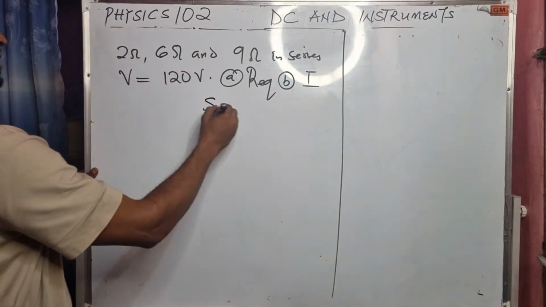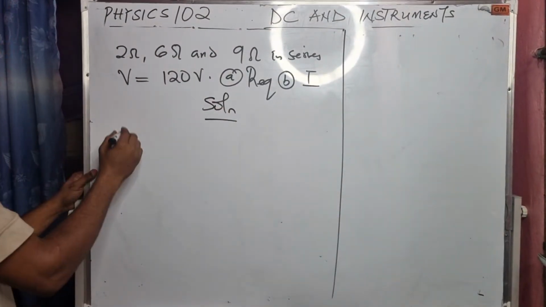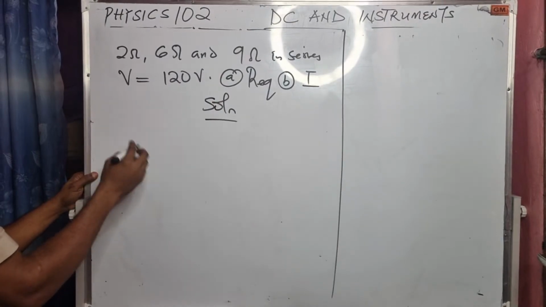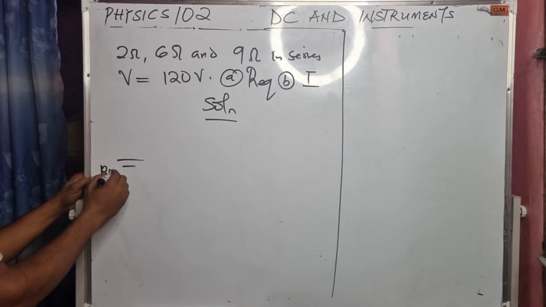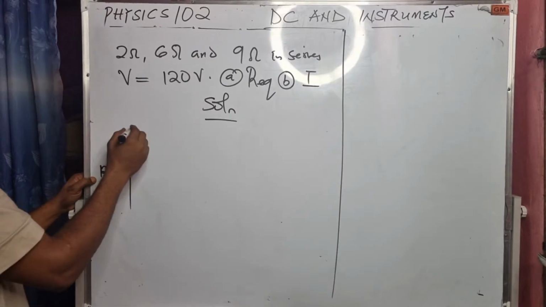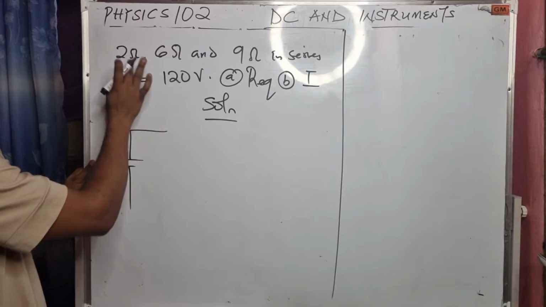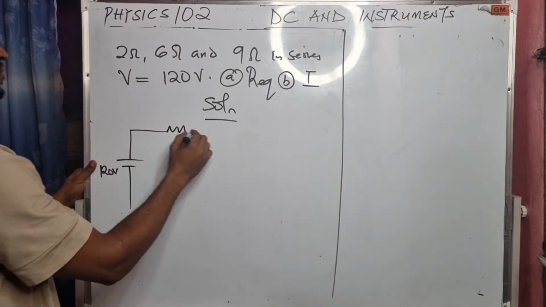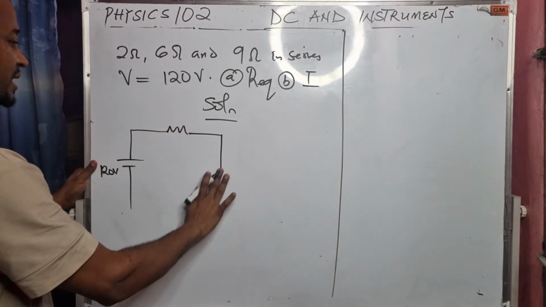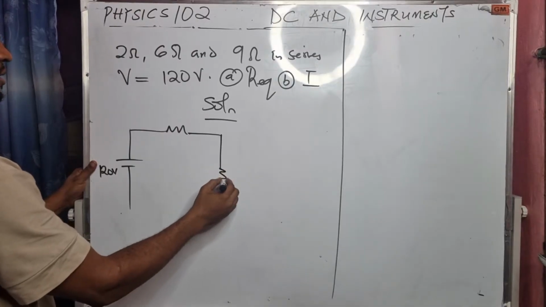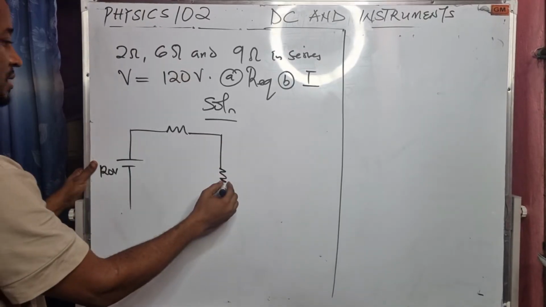Now, to solve this, you can decide to draw your circuit. Just bring out your battery source here. We are given that the voltage is 120 volts. I've already taught us how to draw a simple circuit. So what's the first resistor? We have 2. We have the next one, which is 6.